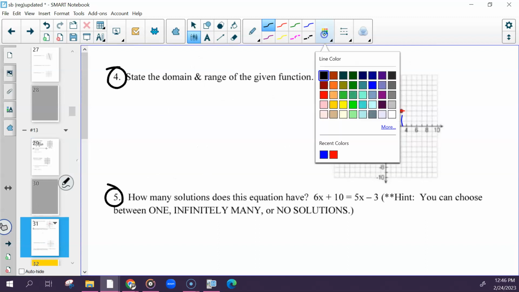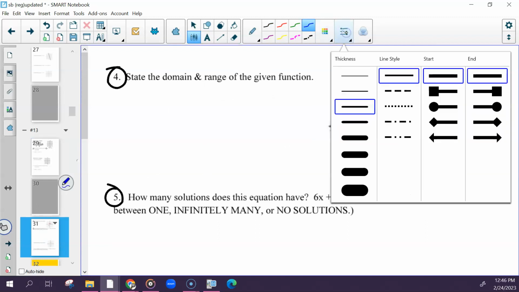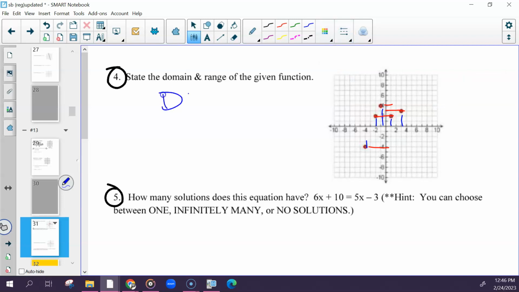Or we have to find the domain and range. Because this is a discrete function, not continuous, they're not connected, we have to list them least to greatest. Domain is your x values, so -4, -2, -1, 1, 3.